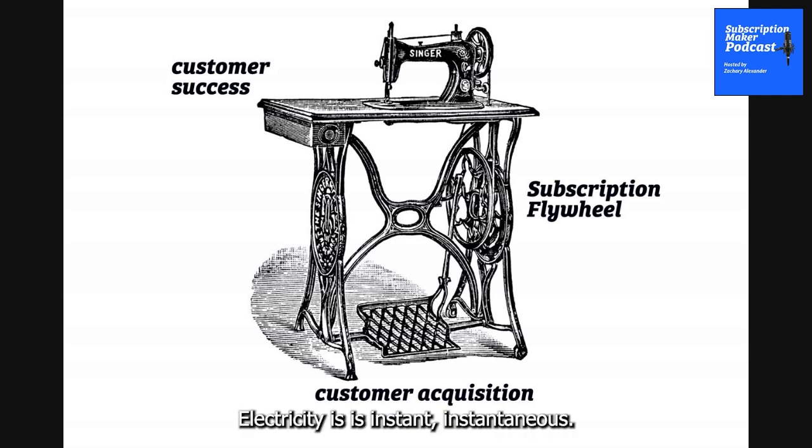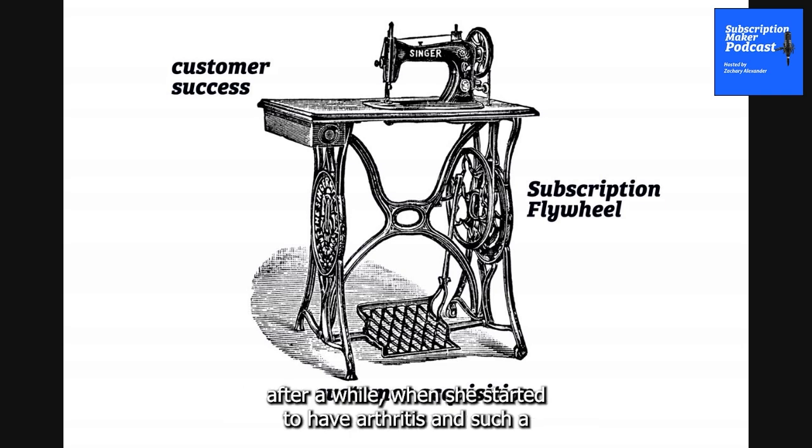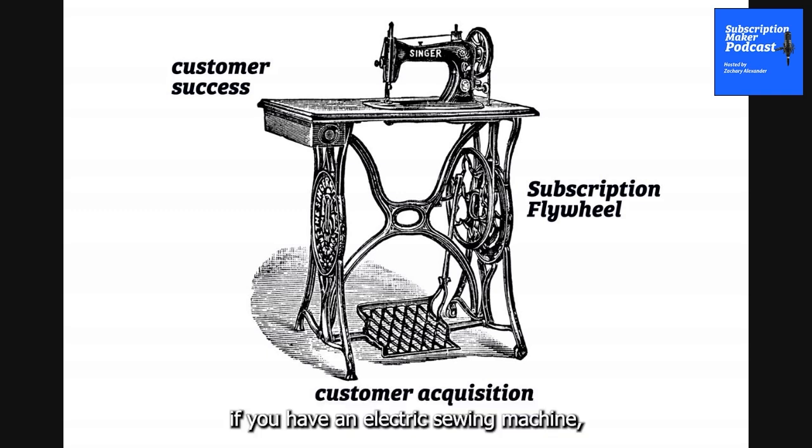Electricity is instantaneous. So if you have an electric sewing machine, which my mom bought my grandmother after a while when she started to have arthritis and such, when you push the pedal, it moves.